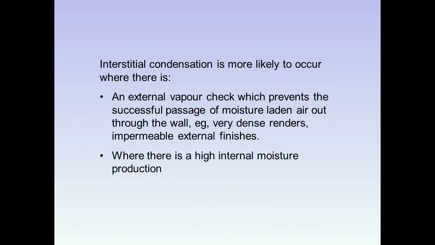Interstitial condensation is most likely to occur where there is an external vapor check, which will slow down or prevent the successful passage of moisture-laden air out through the wall, such as dense renders, impermeable finishes, and usually where there is a high internal moisture production.